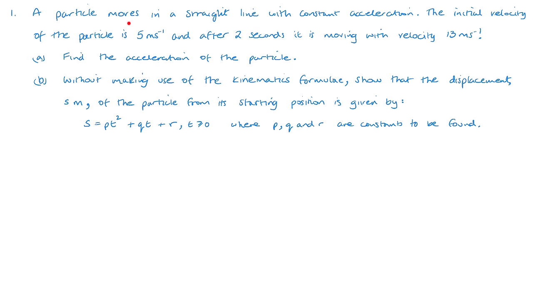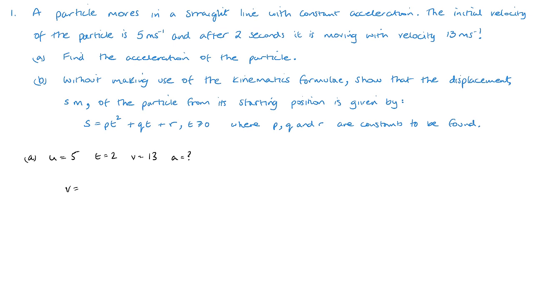So I've got a particle moves in a straight line with constant acceleration. The initial velocity of the particle is 5 meters per second, so u equals 5. And after t equals 2, its velocity is 13. And we want to find a.